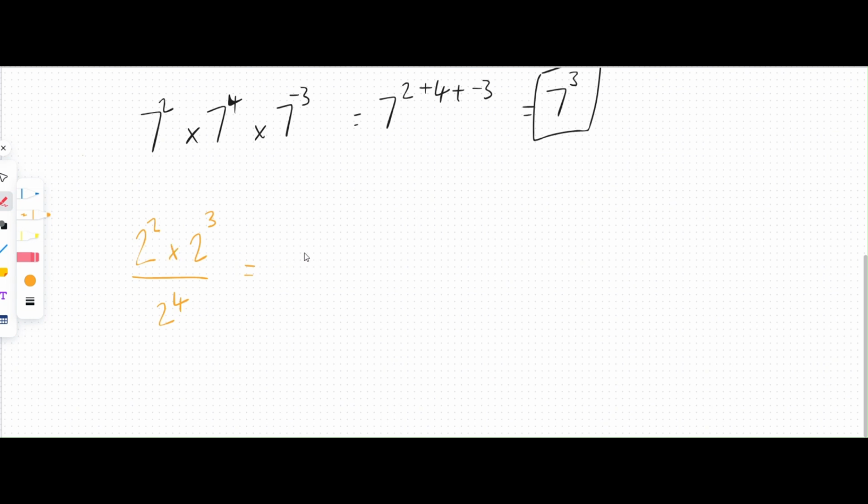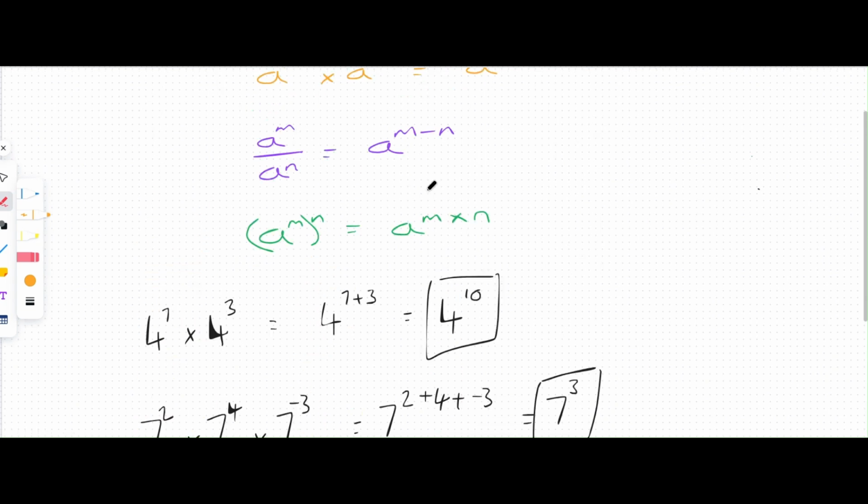So 2 squared times 2 to the power 3 divided by 2 to the power 4. I'll sort the top one out first. I'm going to go 2. It's multiplied, so we're going to add them. So 2 plus 3, and then divided by 2 to the 4. That gives me 2 to the power 5, all over 2 to the power 4. Now it's divide by, so we can use this one here.